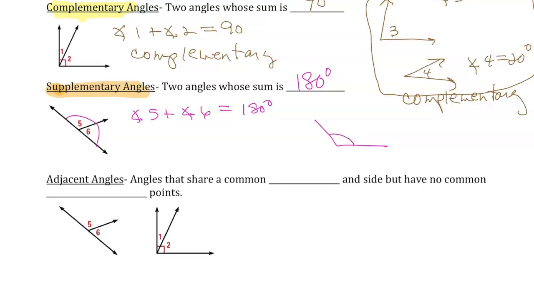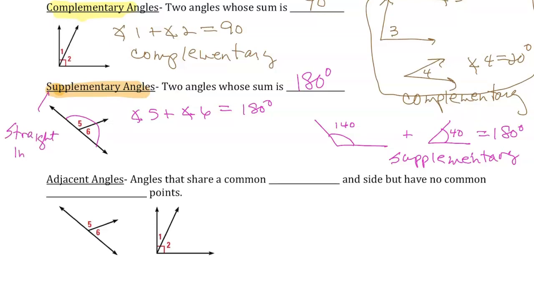What if this angle was 140 degrees plus this angle, which is 40 degrees? They also equal 180 degrees, so they are supplementary. When you think supplementary, think straight line, and straight lines equal 180 degrees.